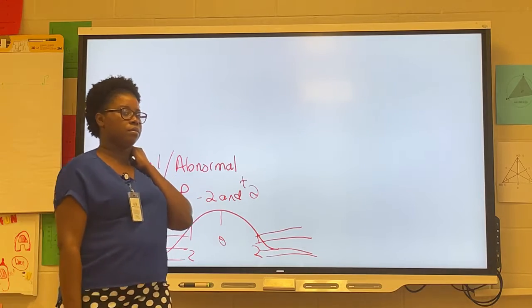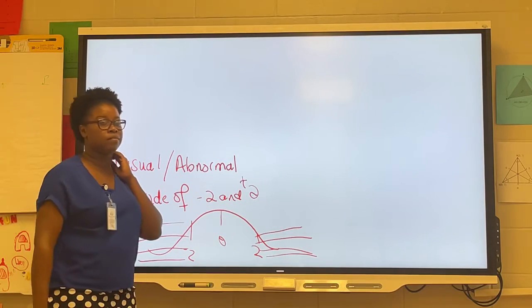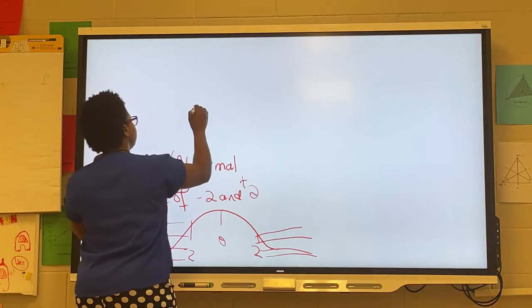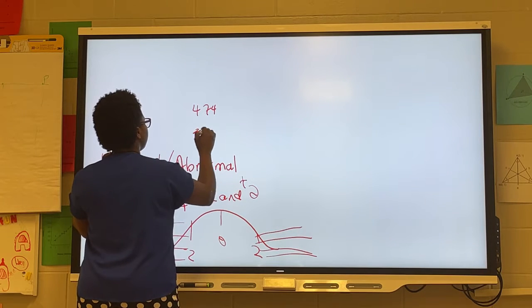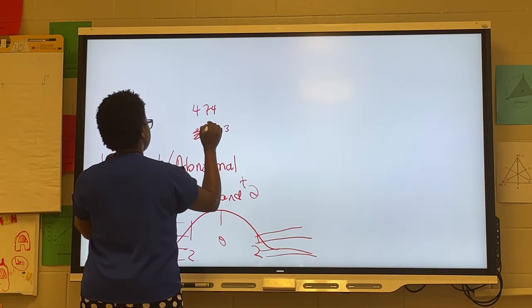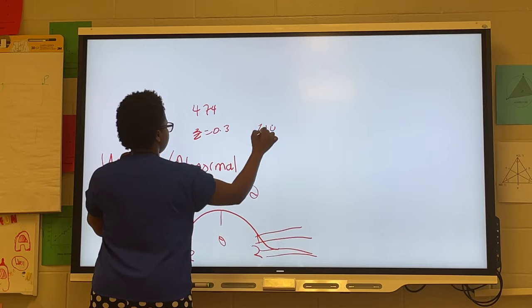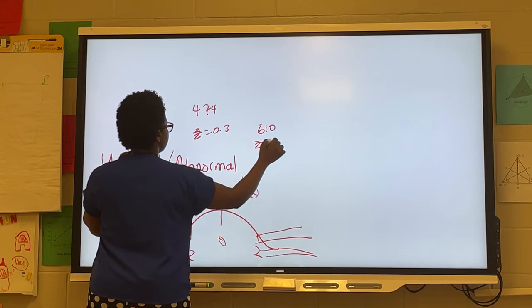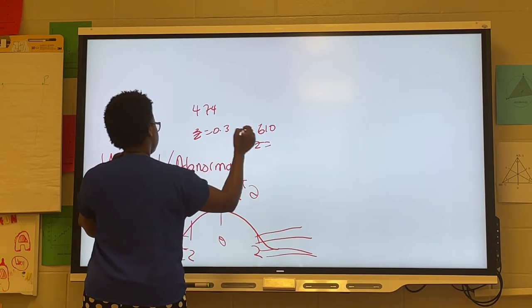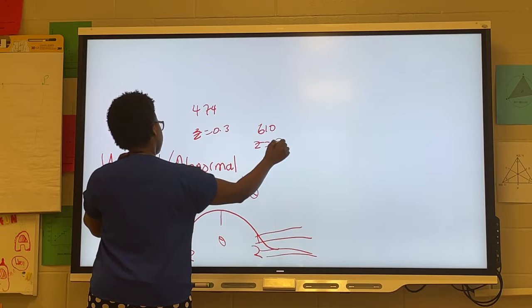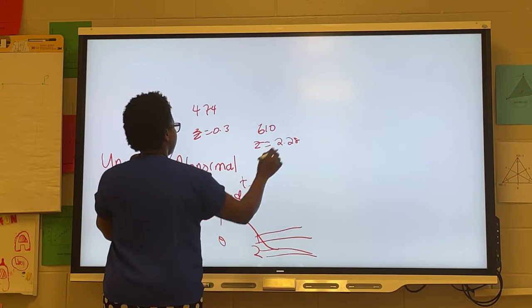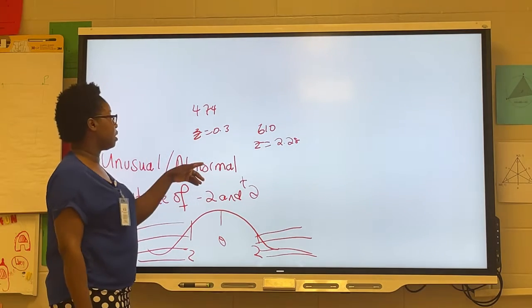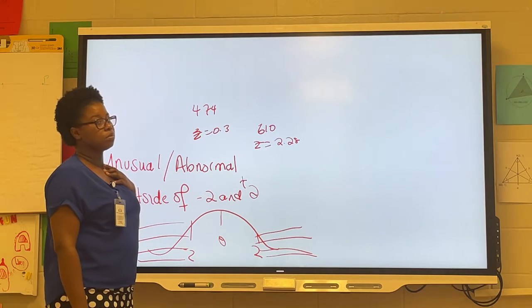There's 474 and 610. 474 had a Z-score of 0.3 something, and 610 had a Z-score of 2.285. So which of them is bigger than 2? 610.